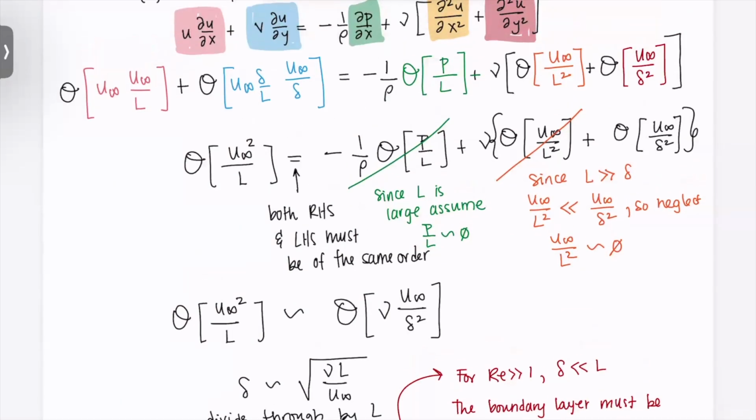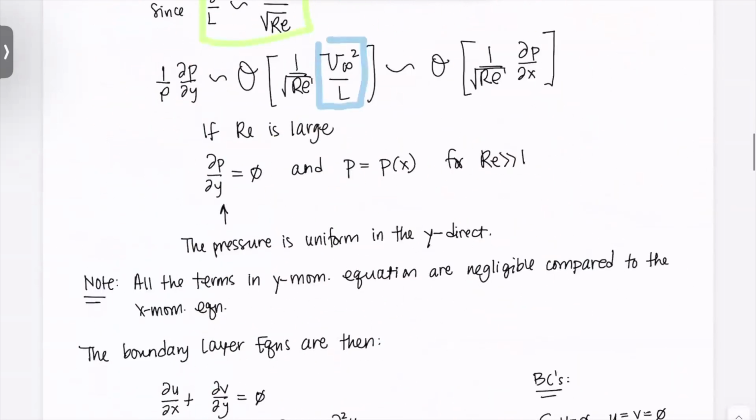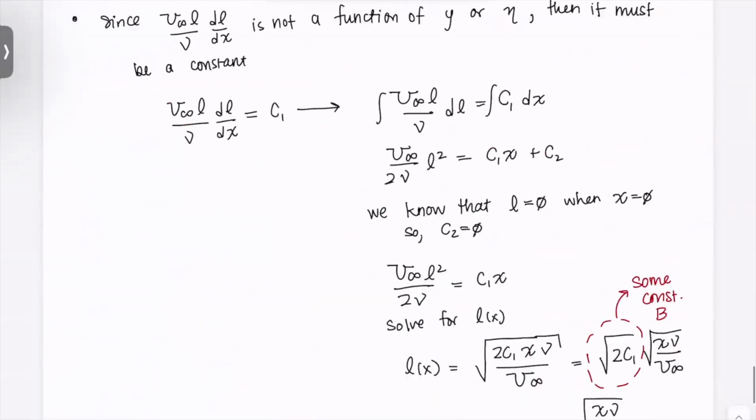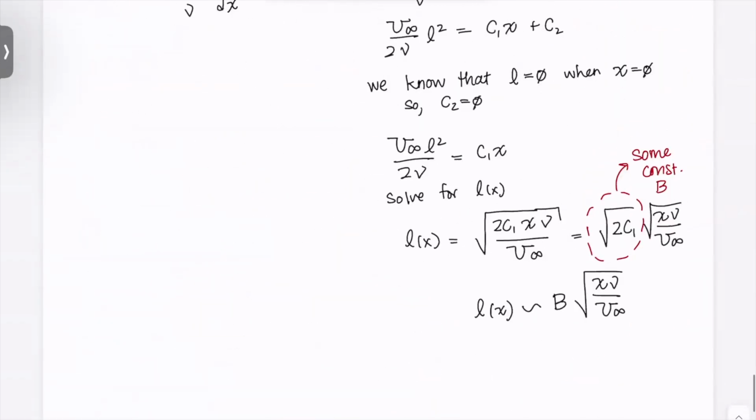So observe, actually, I'll copy this. So we know that delta scales like the square root of nu L over U infinity, which is a very similar form to what we just found, right? So let me rewrite it.